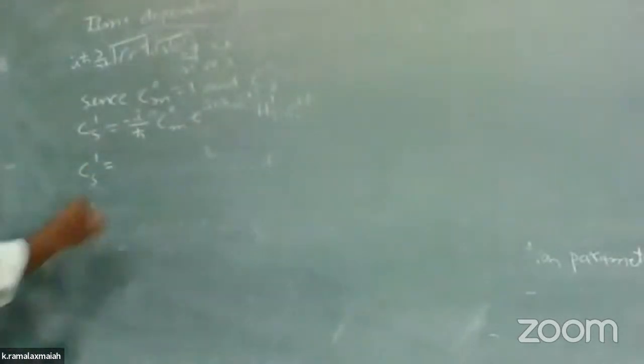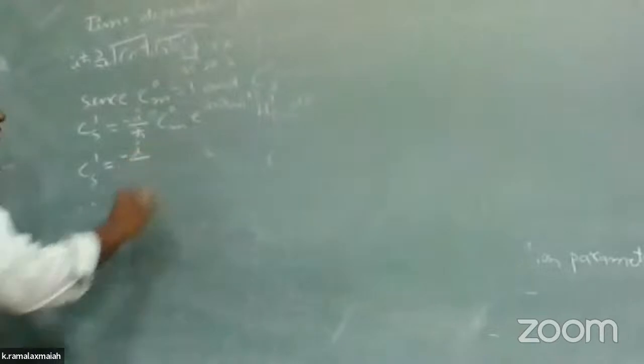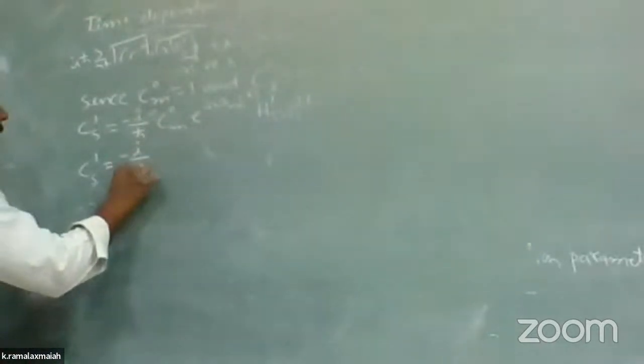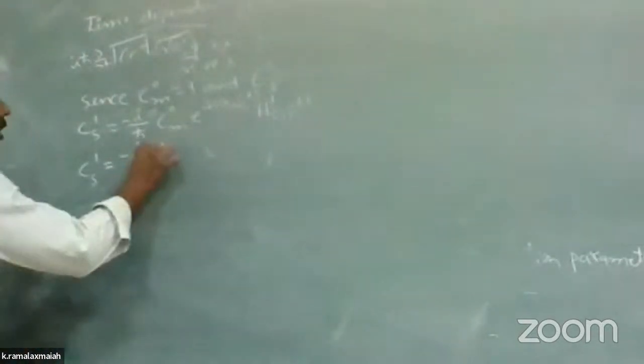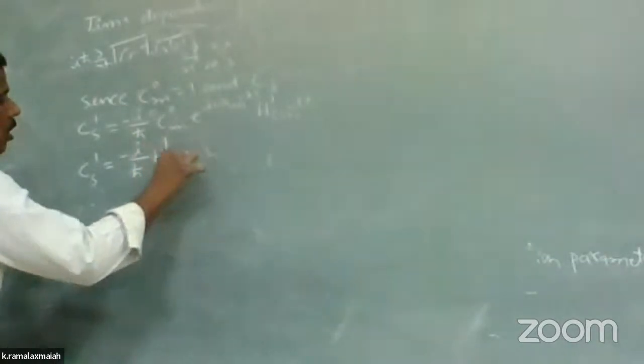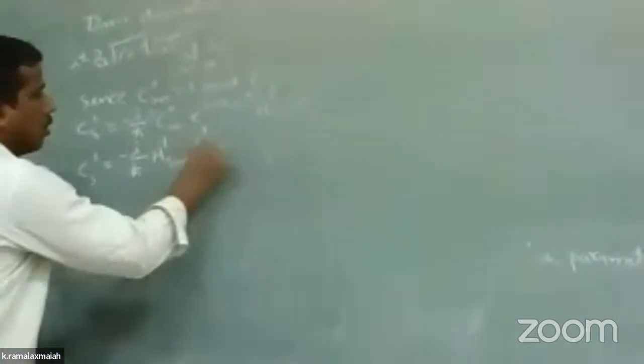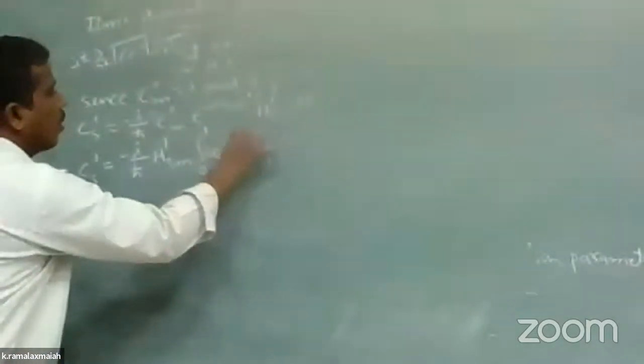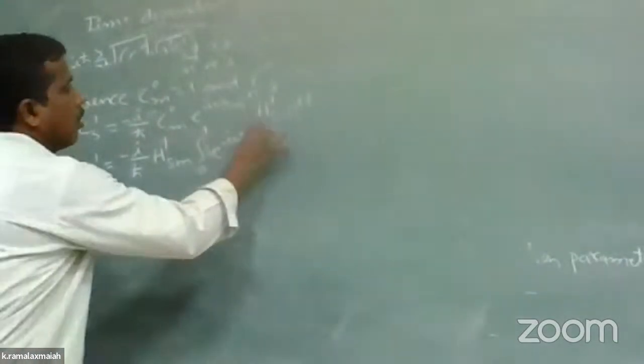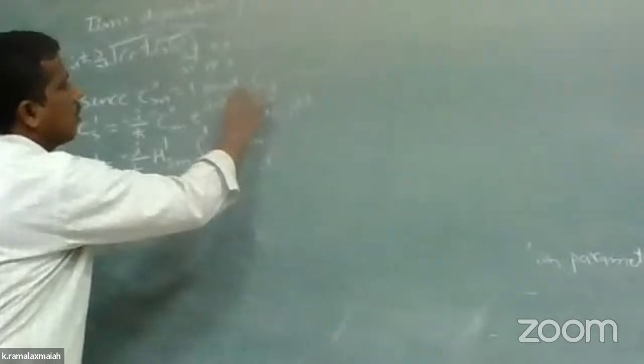C_s^(1) is equal to minus i/ħ H'_sm integral from 0 to 1 of e^(iω_sn t), this is not t_m, this is j.